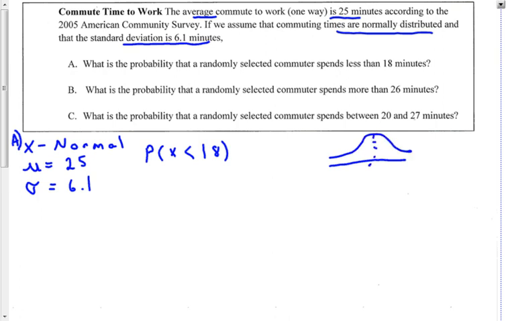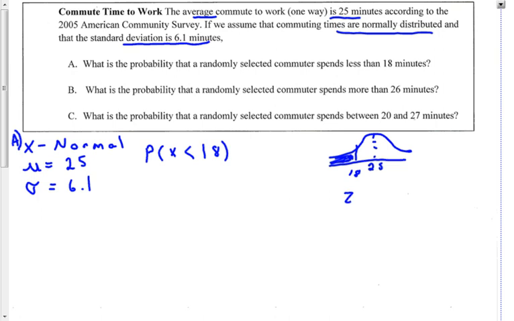Our mean there's 25, and then down here somewhere is 18. So we've got a general sketch of what it looks like. This shows us that we can look directly onto the table because it is less than. That's what the table shows. And we can tell that it's definitely less than 1/2 because less than 1/2 of the item is actually shaded.